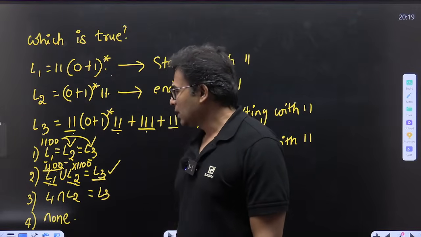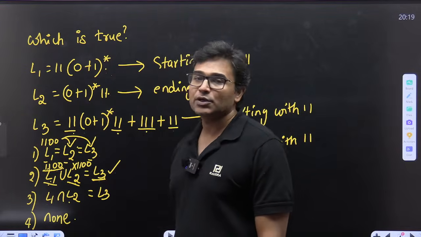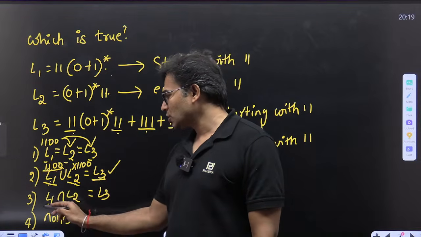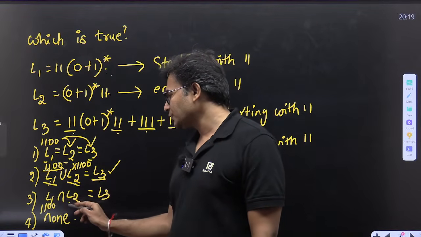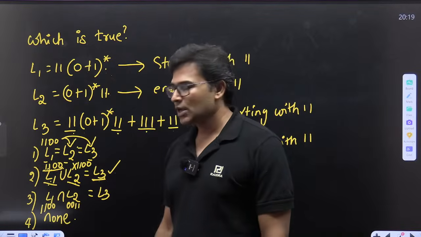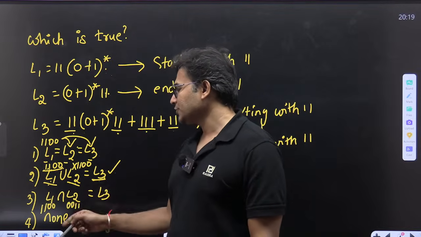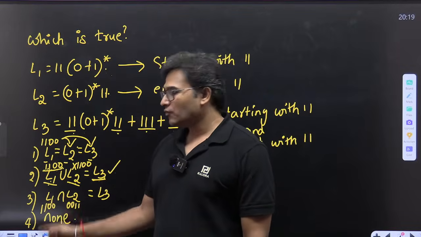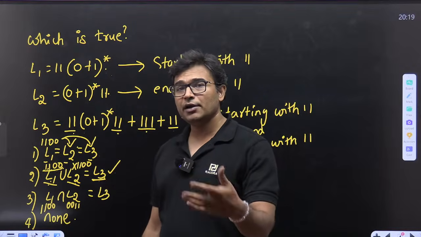Cool. Now what about L1 intersection L2? We have strings which are starting with 11, and strings which are ending with 11. Now if I take the intersection, what will be common? Strings which are both starting and ending with 11.